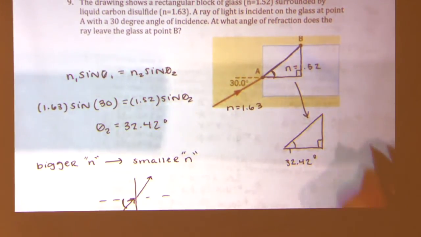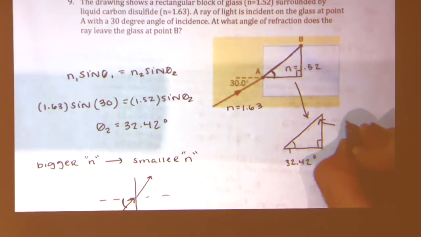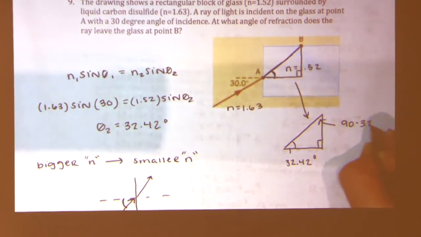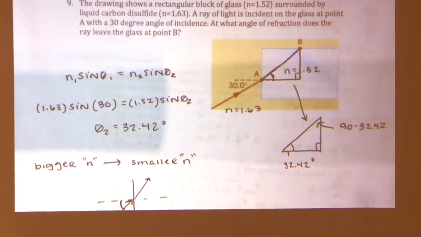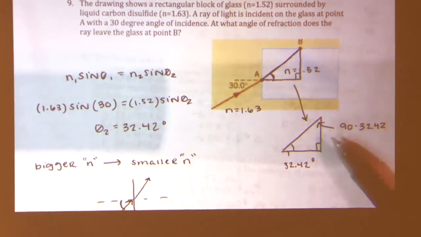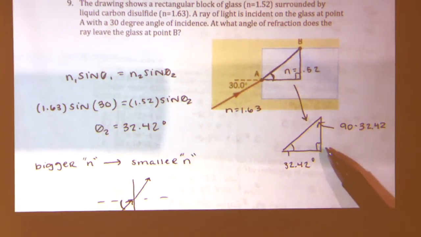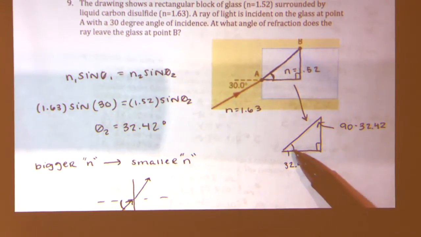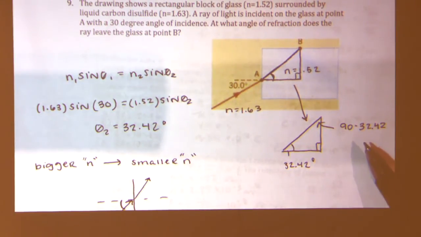So we can just say that this angle will be 90 minus 32.42, because remember, back in trig, all of these angles will add up to 180. I disregarded this 90 because 180 minus 90 is 90. So these two angles over here need to add up to 90. So that's why I did that.